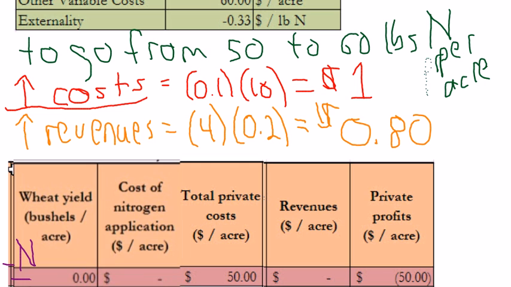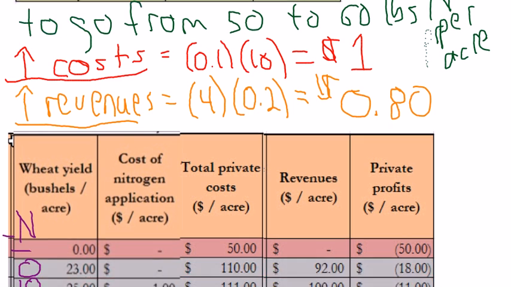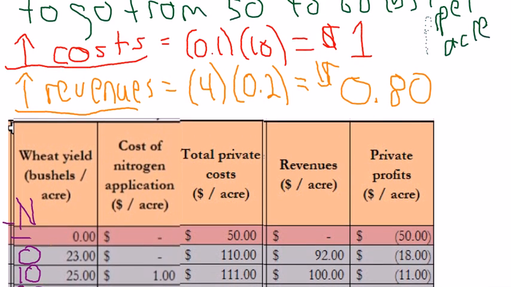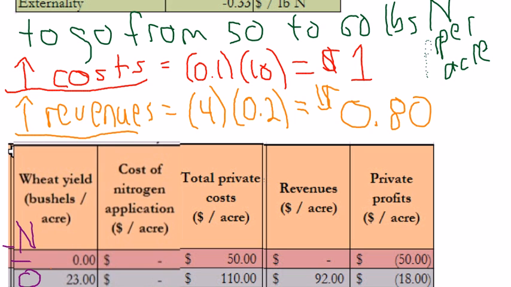And so the answer is clear why we don't want to maximize yield, because to go from 50 to 60 pounds of nitrogen per acre, which increases yield from 36 to 36.2 bushels per acre, our costs go up by $1, but our revenues go up by only 80 cents. So on that extra 10 pounds, we lose 20 cents per acre.